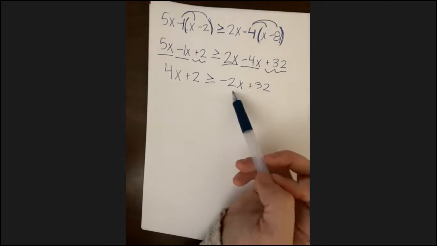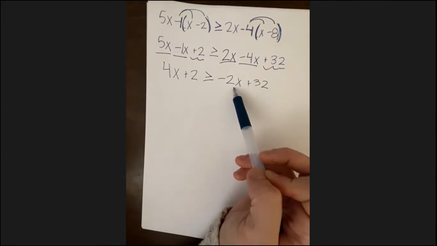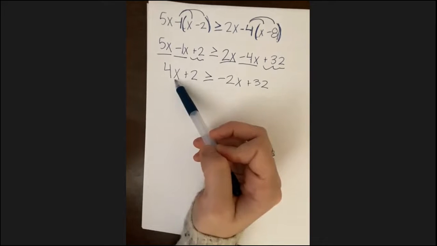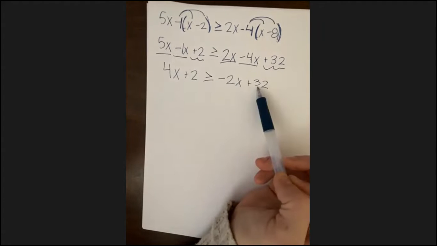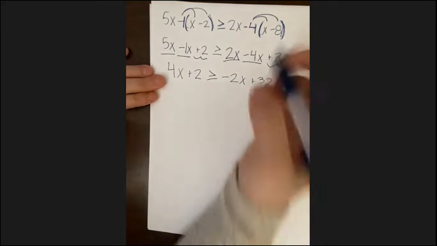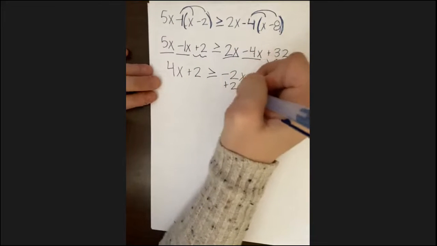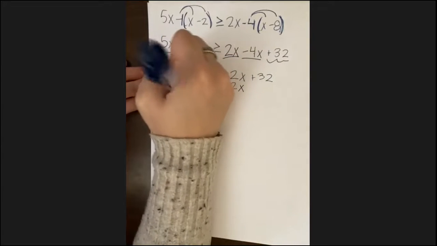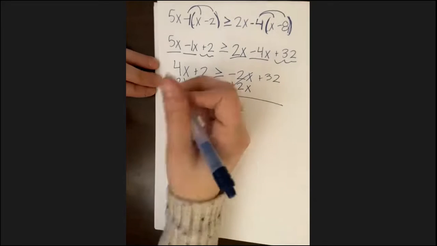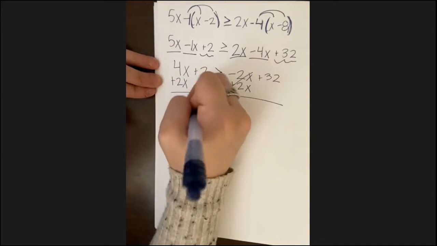And then this looks like the equation that we started with on that last problem, right? So we need to get the x's to one side and then the numbers to the other side. So this is a -2x. I'm going to add it to get it to the other side. That one will cross out. 4 + 2 is 6x.